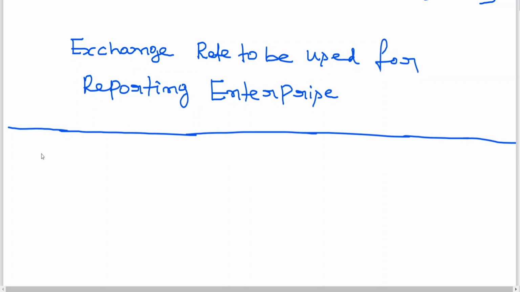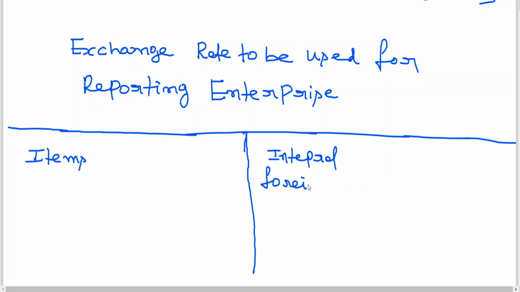First column, items. Leave space here. Then integral foreign operation. I'll tell you why we are writing like this.